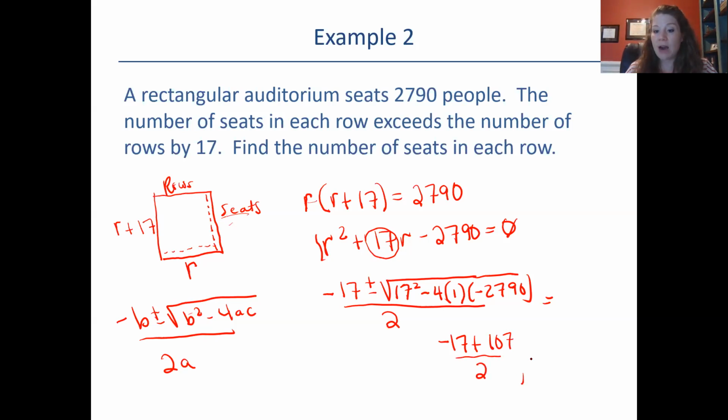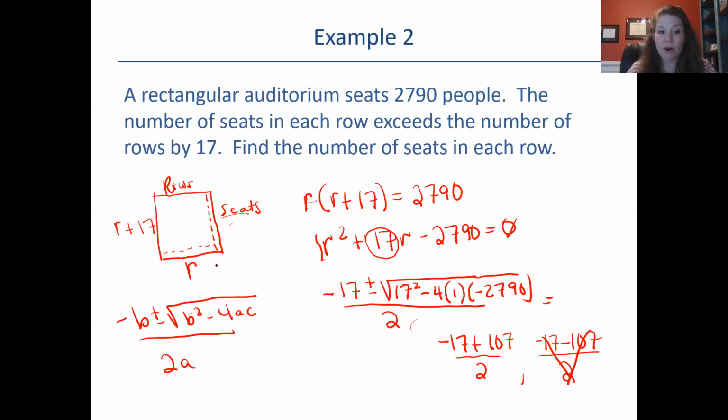Our other answer would be negative, because on top we'd have a negative divided by a positive, so we throw that answer out. All I'm worried about is the first one: negative 17 plus 107 is 90, and half of 90 is 45.